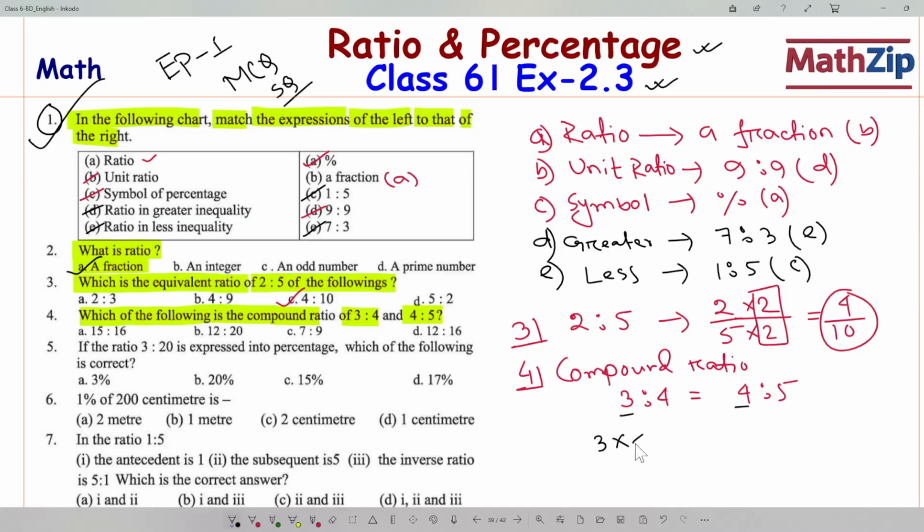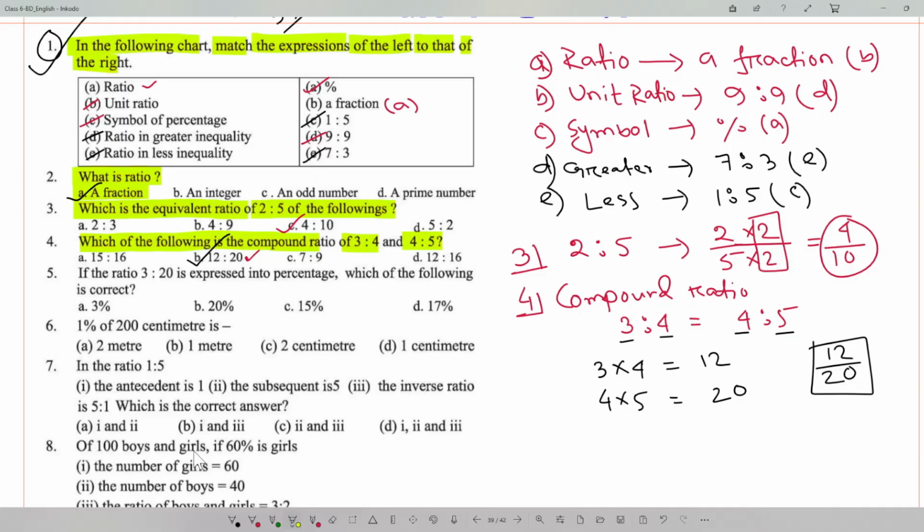Once we multiply these, we will get 12. And the other is the subsequents, which are 4 and 5. Once we multiply 4 times 5, it will be 20. So our answer should be 12/20. This is a compound ratio. So which one is correct? The correct one is 12/20, which is number B. Okay, number B is our correct answer.